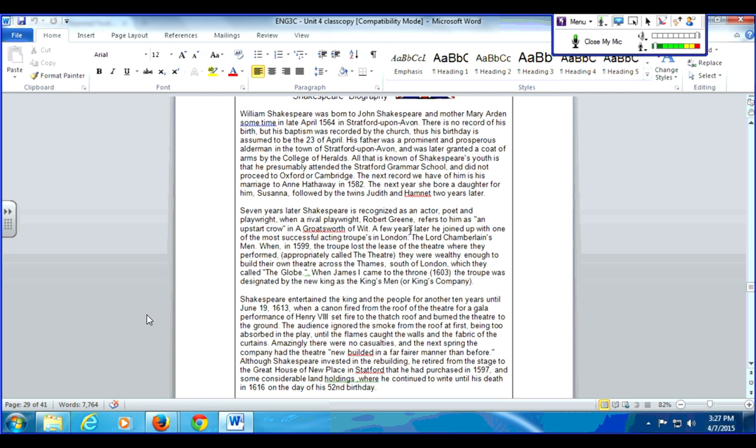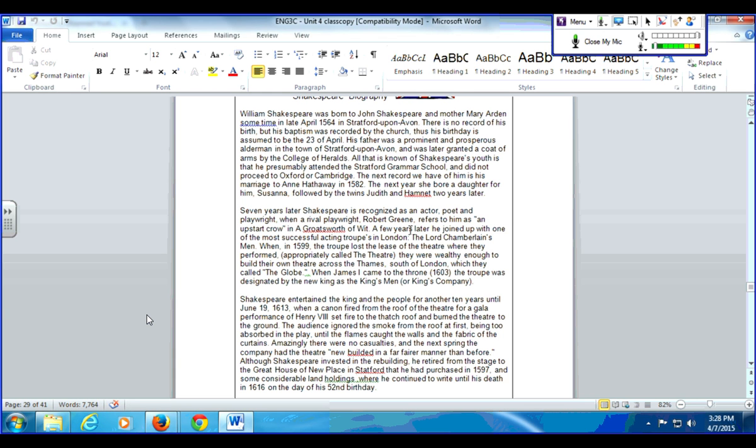They figure that out because normally children were baptized between 3 and 5 days after they were born. We have a record of when he was baptized. That's why you can assume it probably was around the 23rd of April. His father was a prominent and prosperous alderman, or councillor, in the town of Stratford-upon-Avon and was later granted a coat of arms by the College of Heralds.